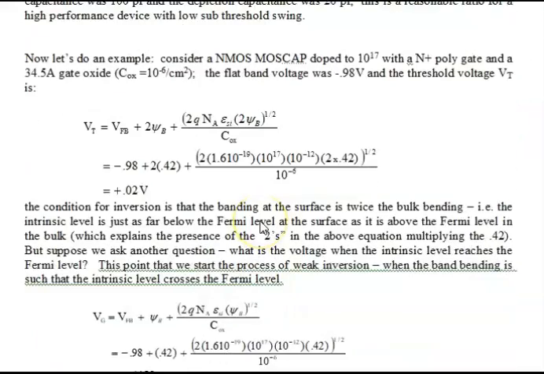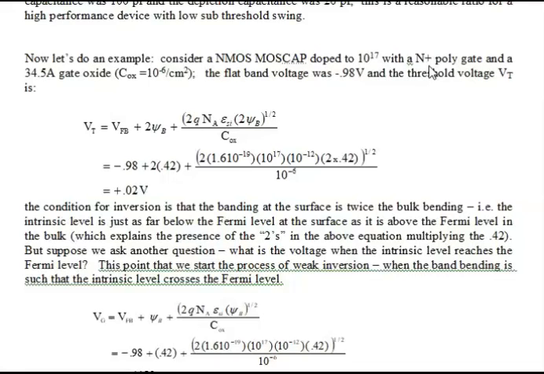Let's do an example now. Consider an NMOS, which is a P substrate MOS cap, doped with our standard doping of 10 to the 17th. It's got an N plus polygate, which means that the work function for the metal, this is the metal, don't forget, it could be aluminum or it could be N plus, or it could be N plus plus.